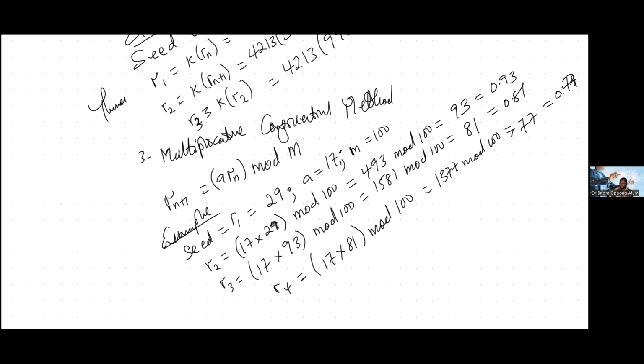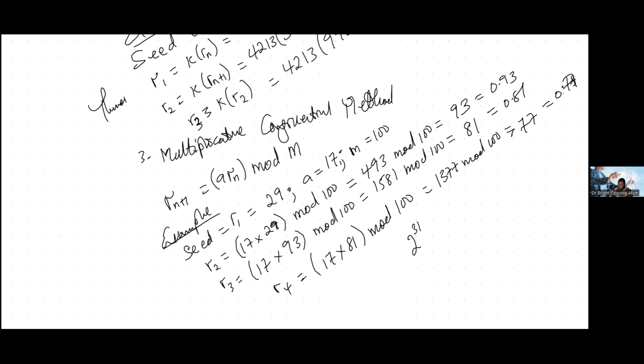can be computed, right? So it has been found out that to generate about 2 billion numbers per cycle of a given seed, the seed value should range between 1 and about 2 raised to the power 31.